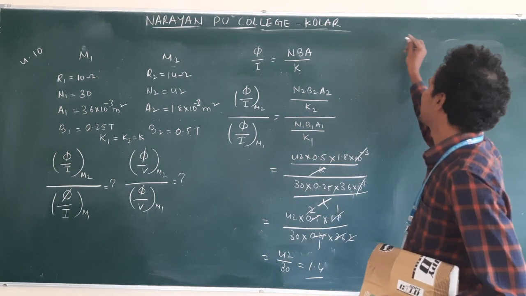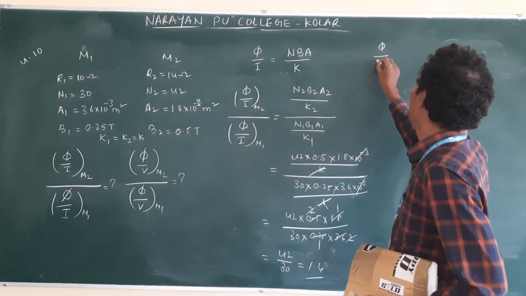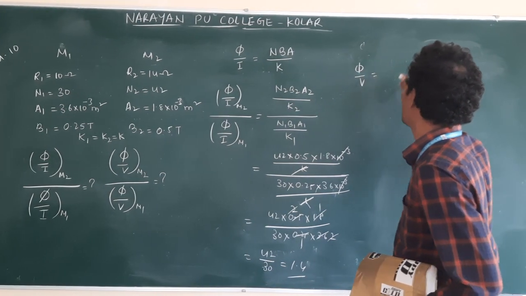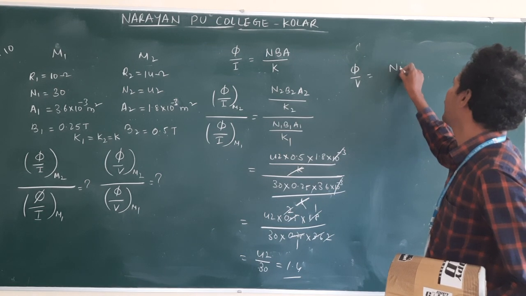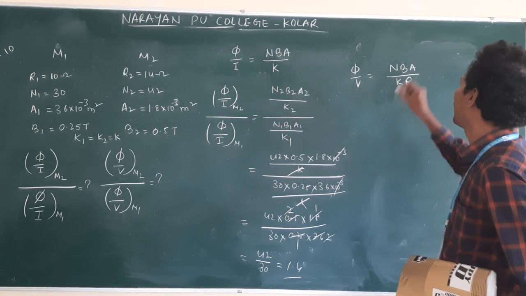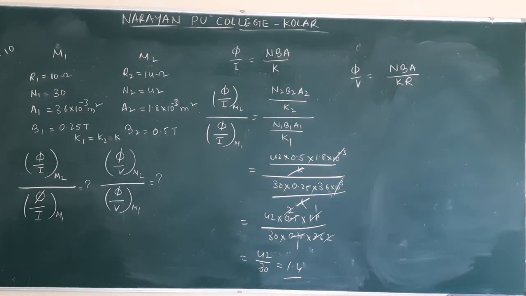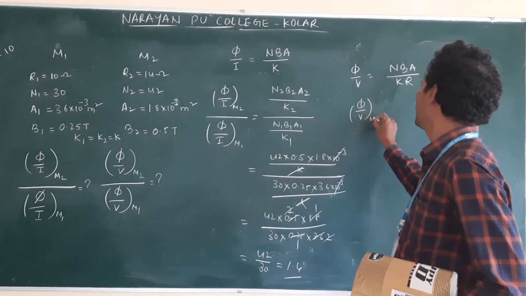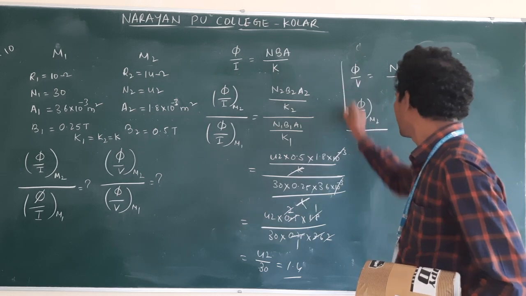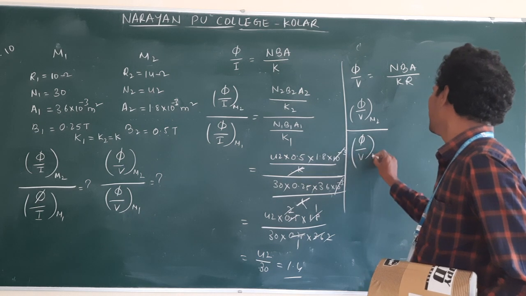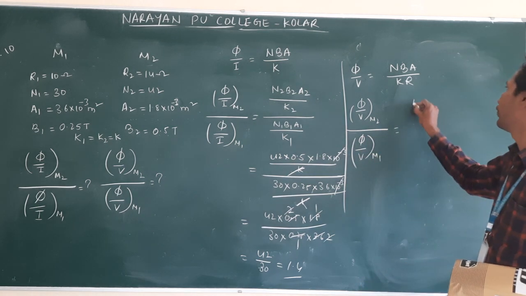Now come to voltage sensitivity. Phi by V is the voltage sensitivity. Same formula, NBA by K R. Now phi by V M2 by phi by V M1, what would be the formula?